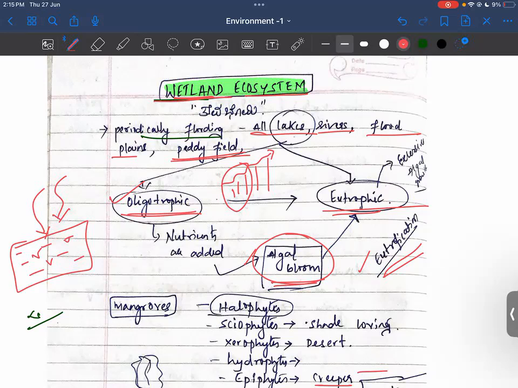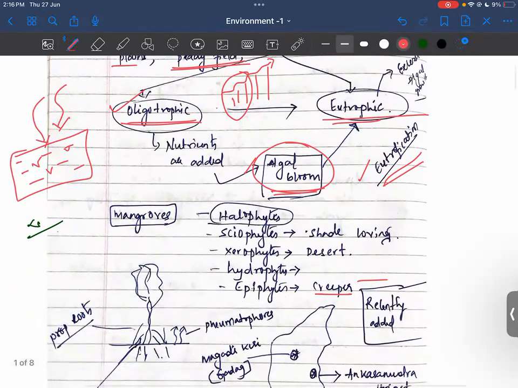And some of the wetlands, we can see that the mangroves are also a type of wetlands where the brackish water you can see there. And some of the questions that have been asked in KPSC: halophytes, mesophytes, xerophytes, hydrophytes, and epiphytes. So mangroves being the halophytes, which grow in the salt water, and mesophytes, these indoor plants like the money plant is an indoor plant, and desert type of plants called as the xerophytes.